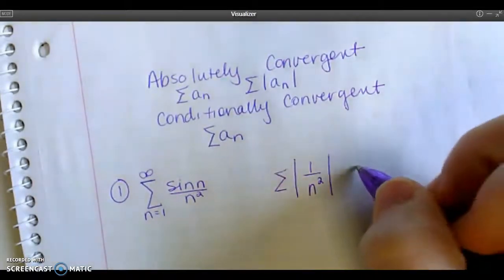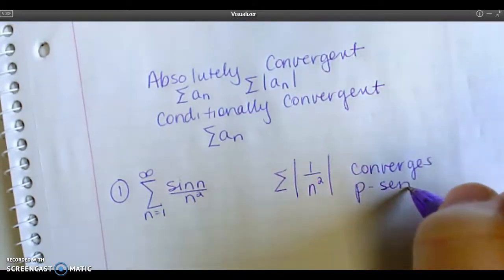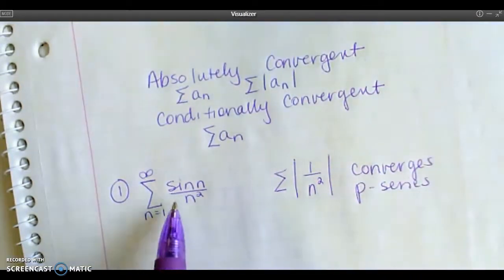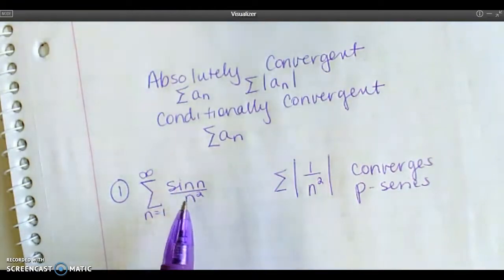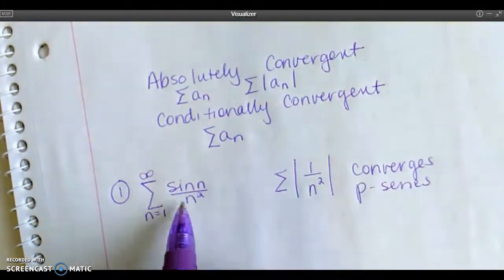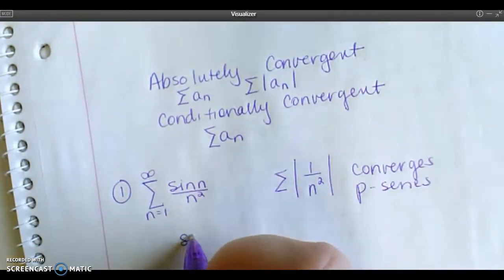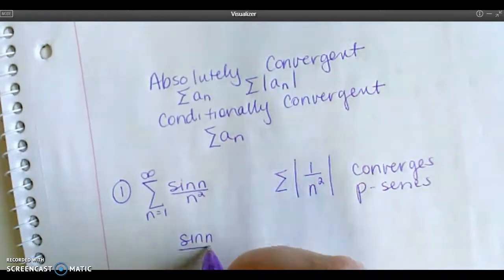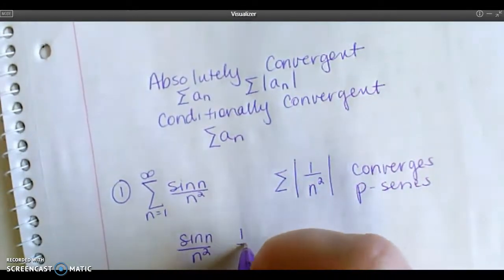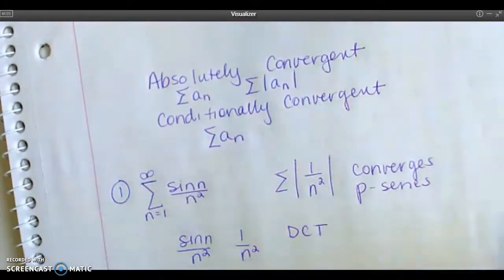I know that this converges by the p-series. So the real question is, does the original converge? If the original converges and the absolute value converges, then it's absolutely convergent. The easiest way to figure that out is to take sine of n over n squared and compare it to 1 over n squared using the direct comparison test.